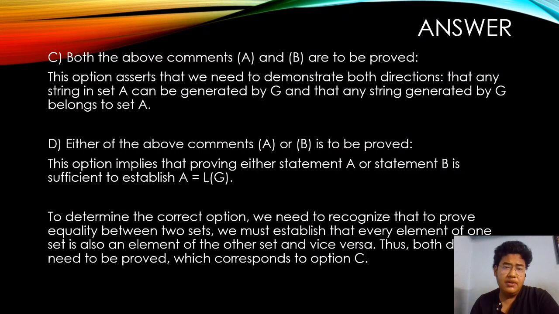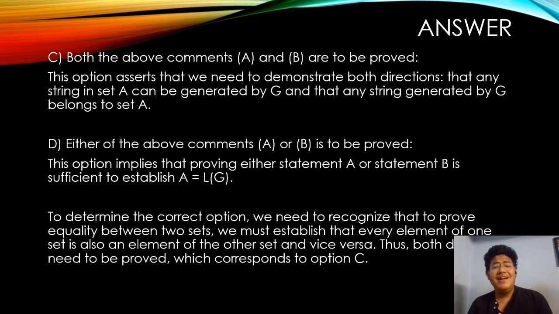Both the above comments A and B are to be proved. This option asserts that we need to demonstrate both directions: that any string in the set A can be generated by G, and that any string generated by G belongs to set A. Either of the above comments A or B to be proved.